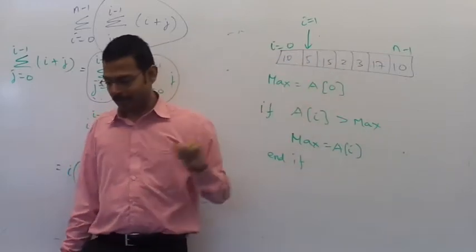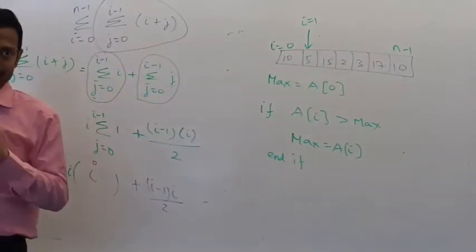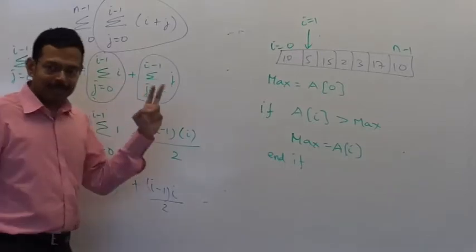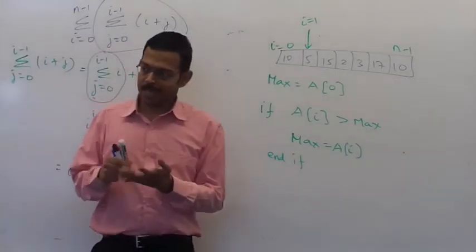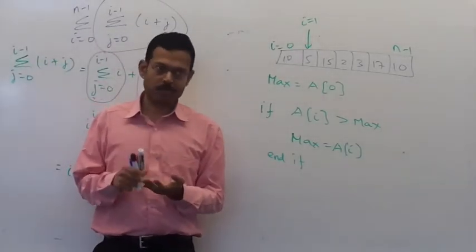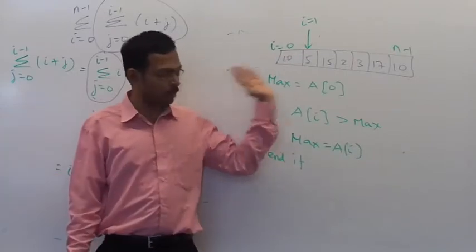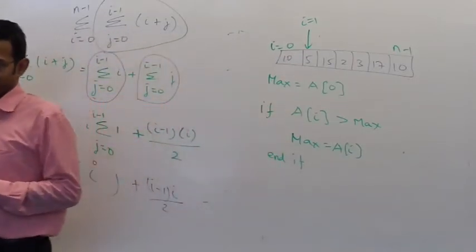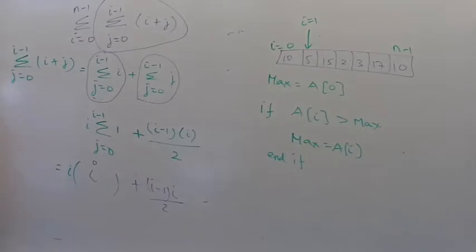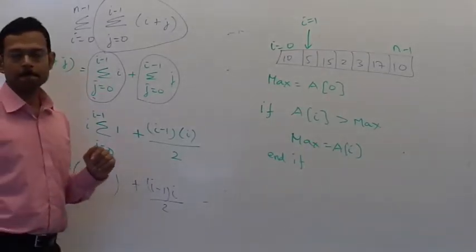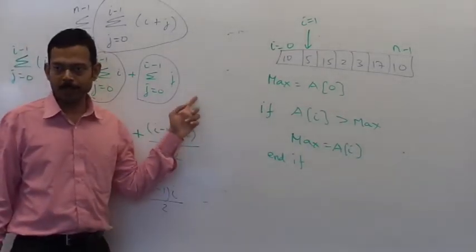Next example we'll see where we have a different average case. So in this example, best, worst and average are all the same thing, which is actually the worst case. We have to go through the entire array. There's no other choice. Clear? Any question?